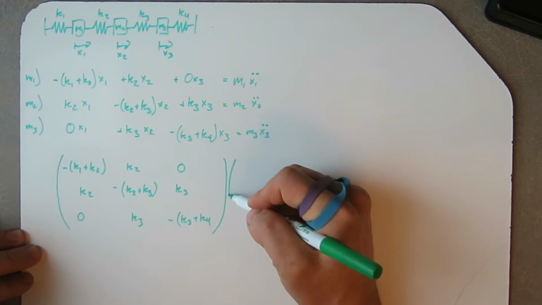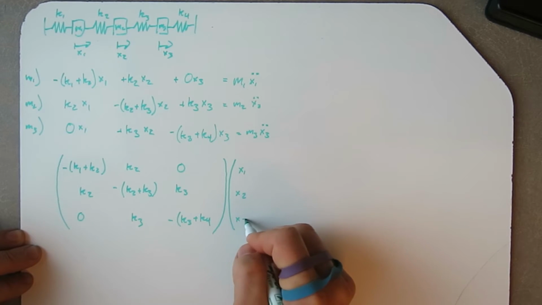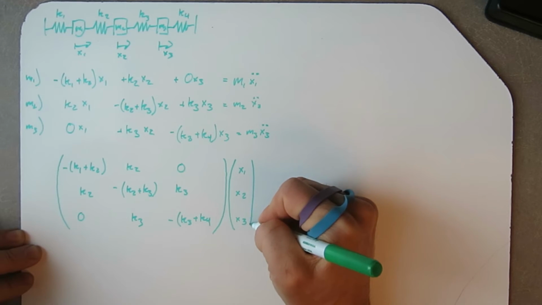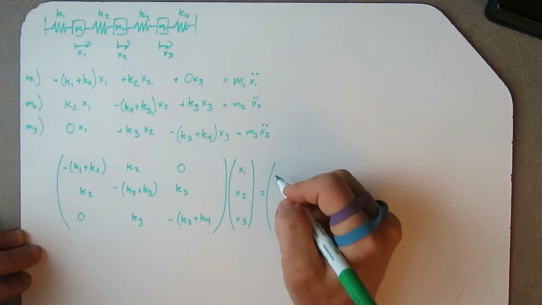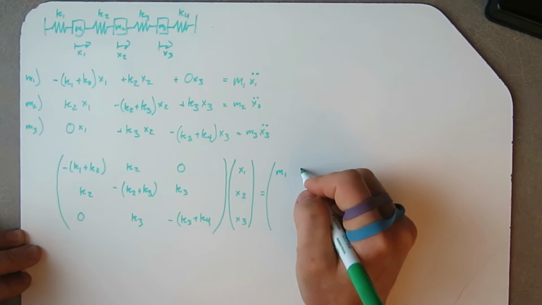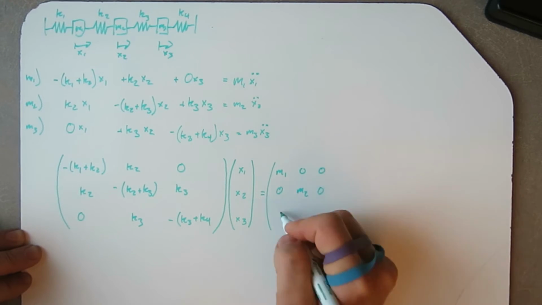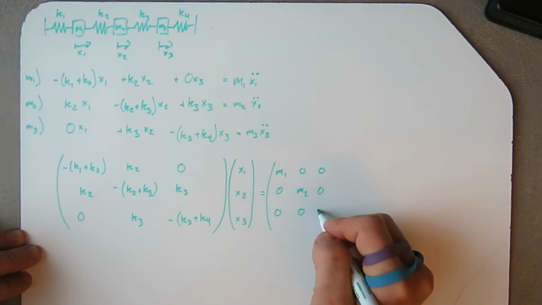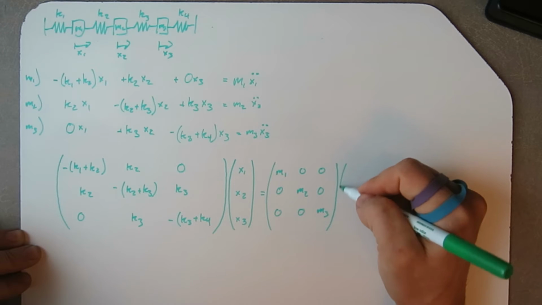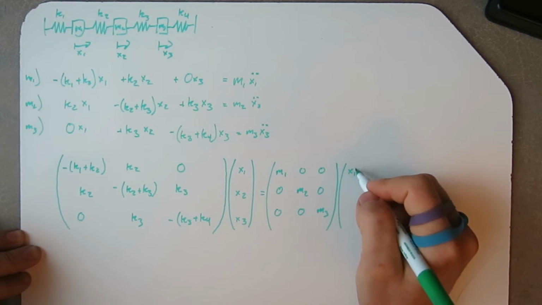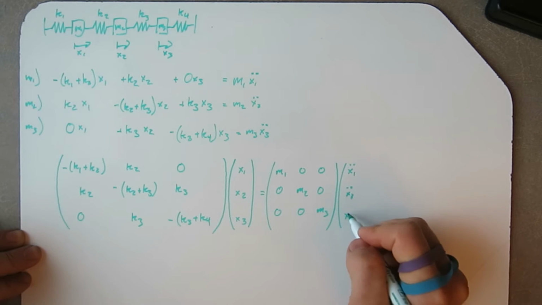And then vector x1, x2, x3 equals matrix M1, 0, 0, 0, M2, 0, 0, 0, M3 on vector x1 double dot, x2 double dot, x3 double dot.